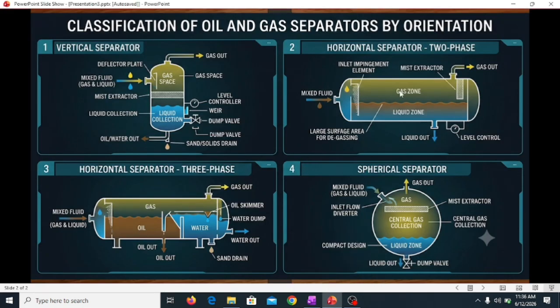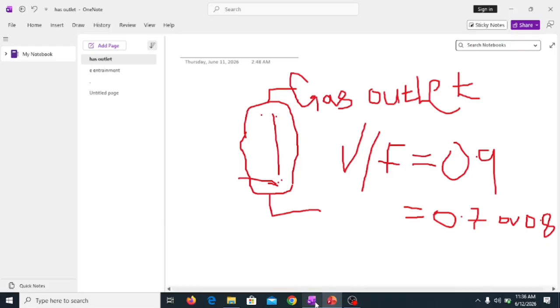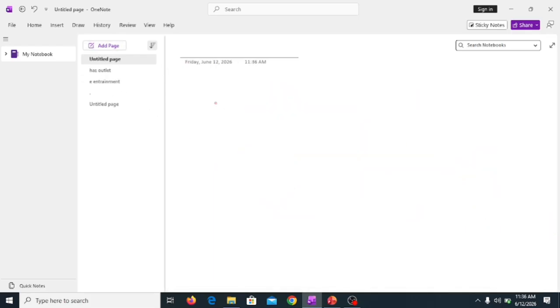So that is it. Let's come to our horizontal separator, the two-phase horizontal separator. Let me draw it here. Let me create another slide.